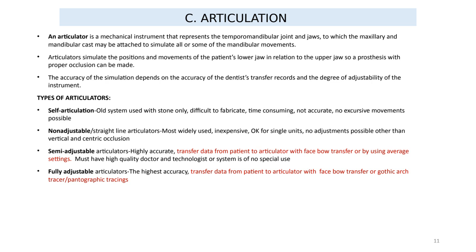So we have to be very careful when we do this type of procedure. Articulation. An articulator is a mechanical instrument that represents the temporomandibular joint and jaws to which the maxillary and mandibular casts may be attached to simulate all or some of the mandibular movements.